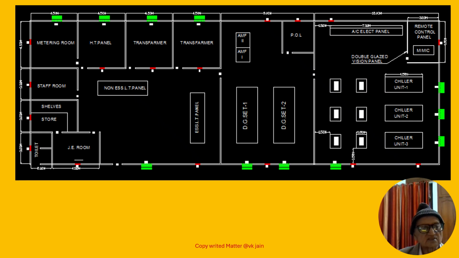Let us take only this where we have this substation, which has a metering room in which the electric supply coming here through cables or overhead structure is metered, and then it is brought to the HT panel.